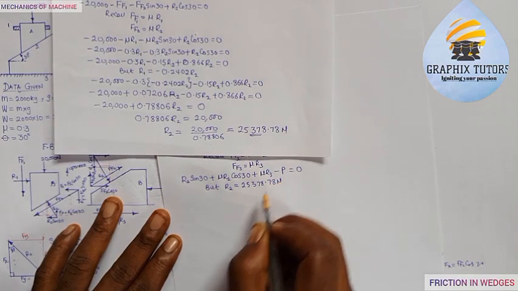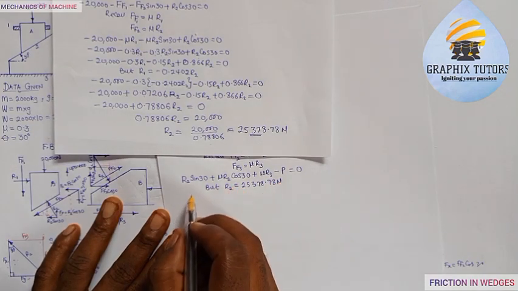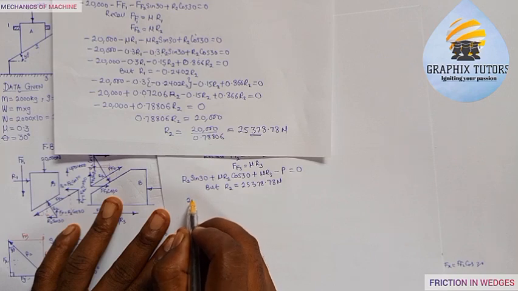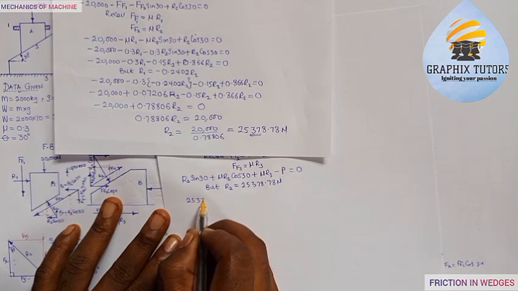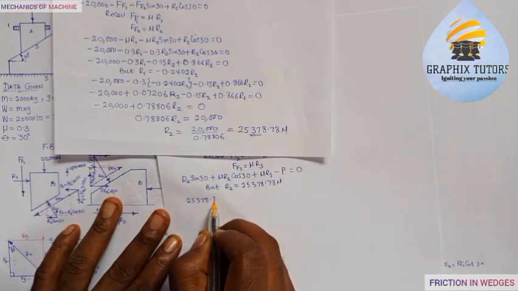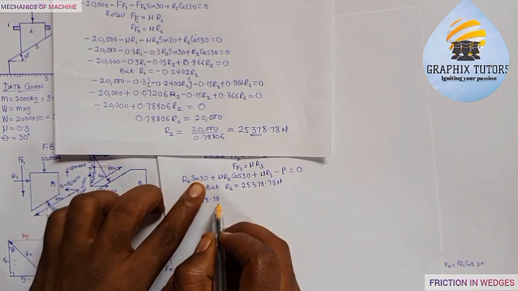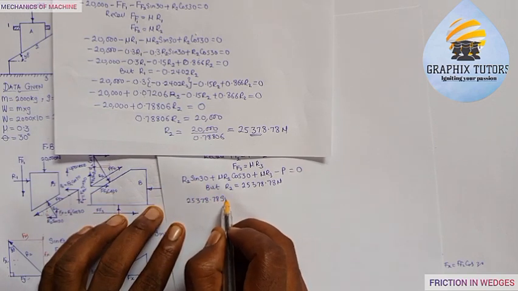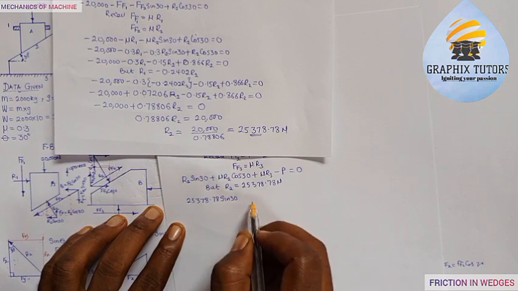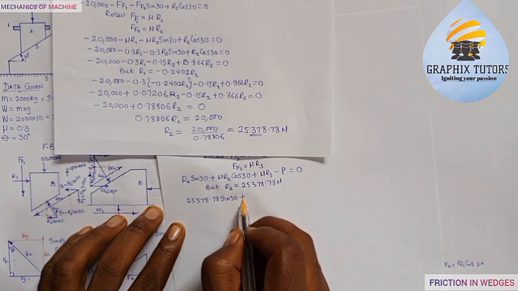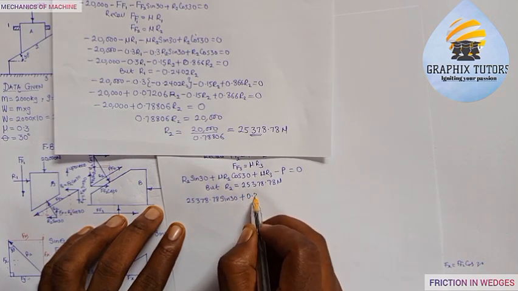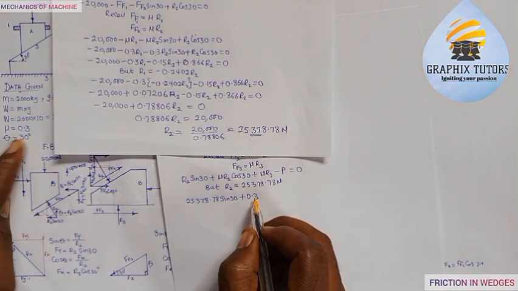25378.78 Newton. So I'll put it here. So I'll have 25378.78 multiplied by sine 30, plus mu is 0.3, as given in the equation here.